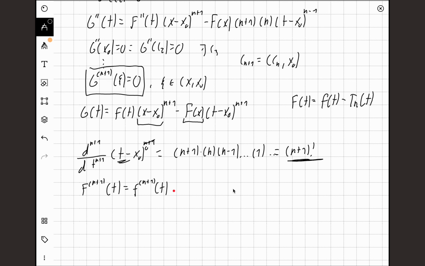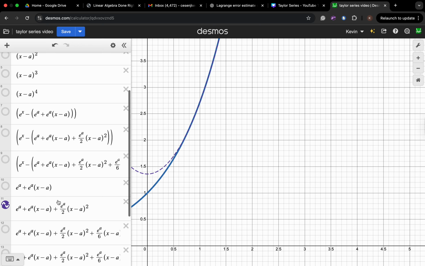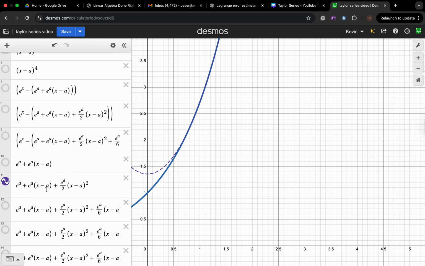So it's the n plus 1 derivative of our function f minus the n plus 1 derivative of our function tn. And notice that this tn is the Taylor expansion up to the degree n. So if n equals 2, like it did in this example, we only expanded the Taylor term up to the power of 2.